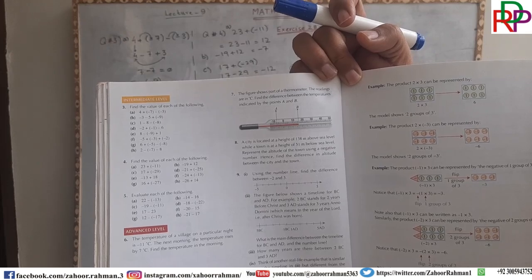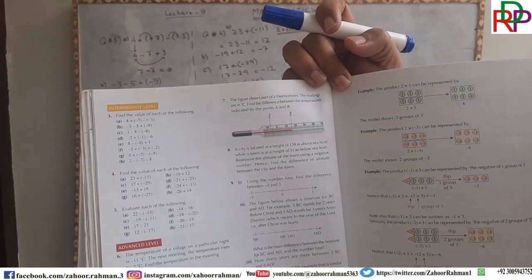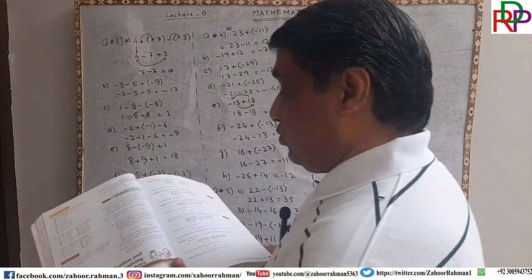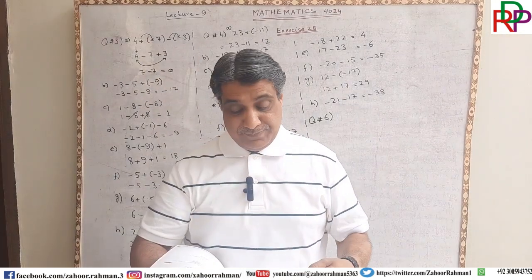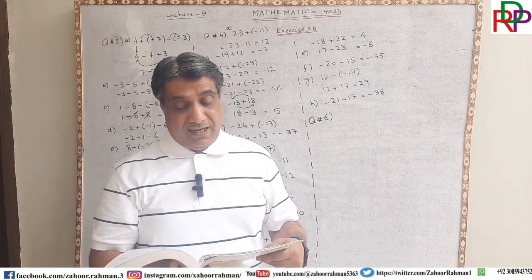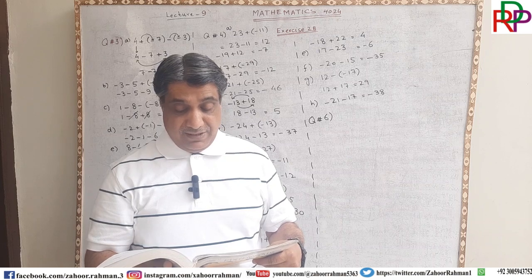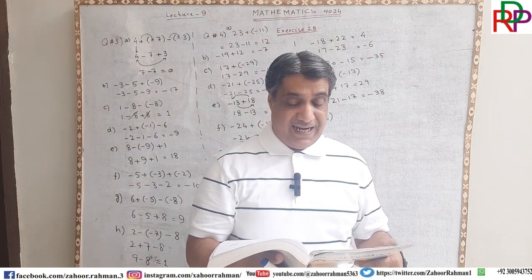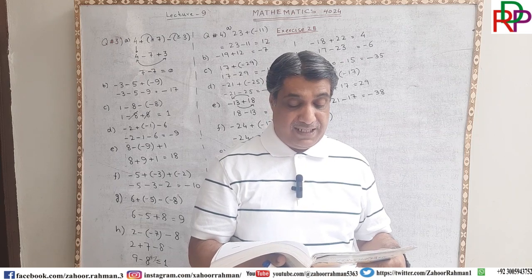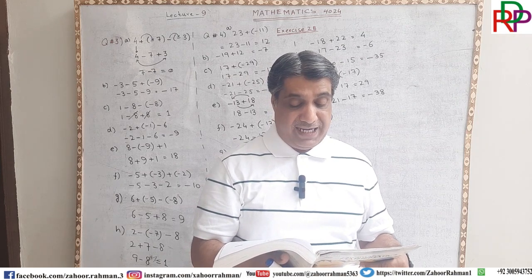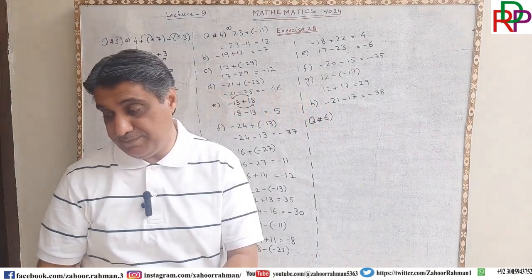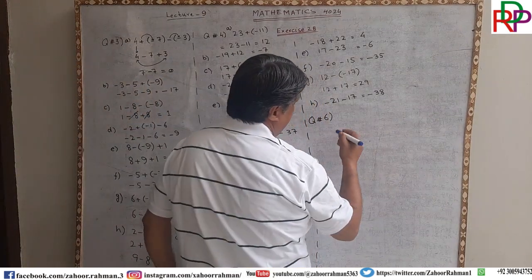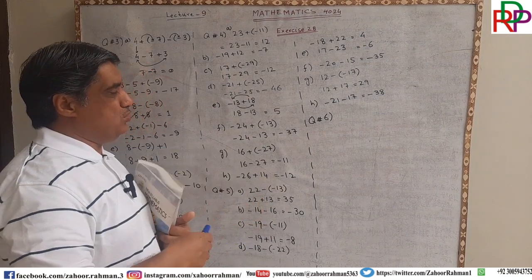If you are seeing it, there is A and B. The question is saying that the figure shows part of a thermometer. The readings are in degrees Celsius. Find the difference between the temperature indicated by the points A and B. Point A is equal to what?